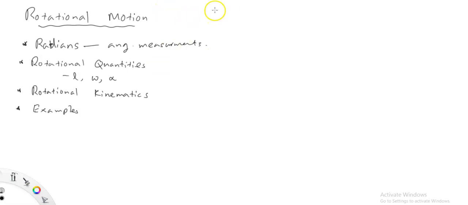I'm going to explain this to you using an example. Radians. Let's say we have a full circle. It's a very bad looking circle, but still you get the idea.